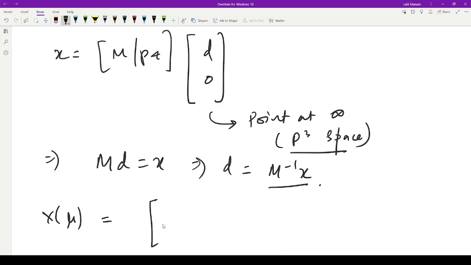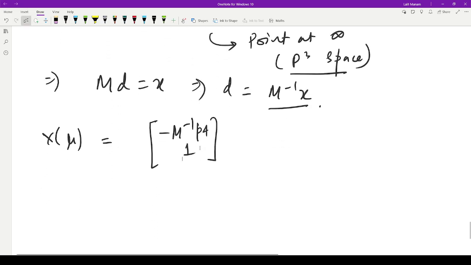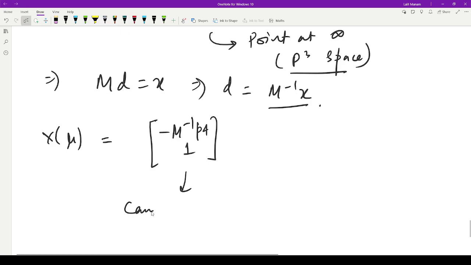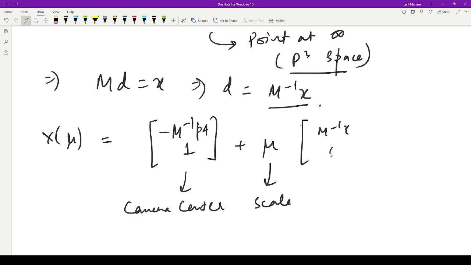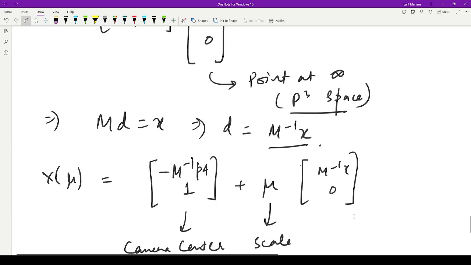We start from the camera center, and then we move along the direction with the scale mu, and the direction is specified by d, 0, where d is again M inverse x.